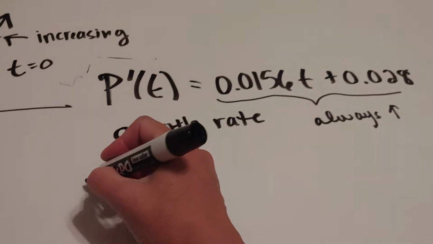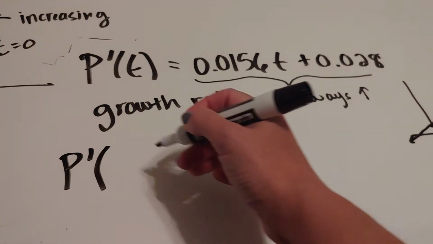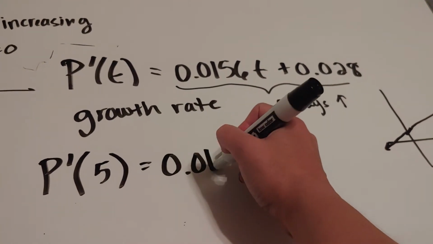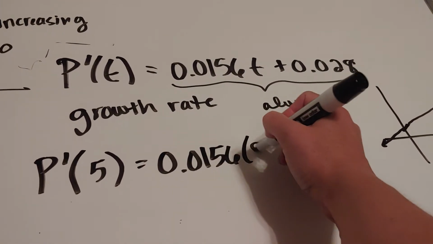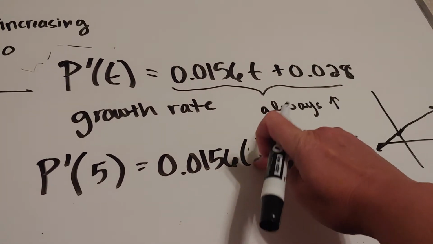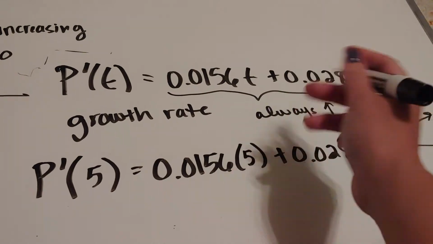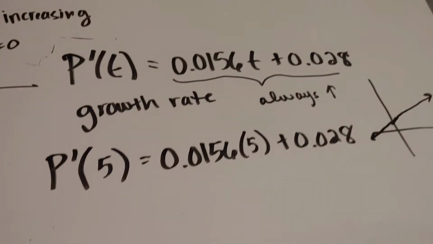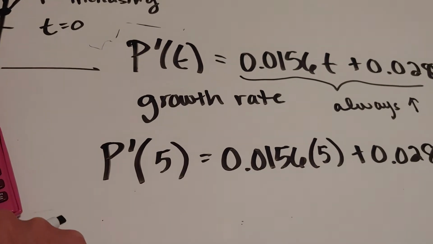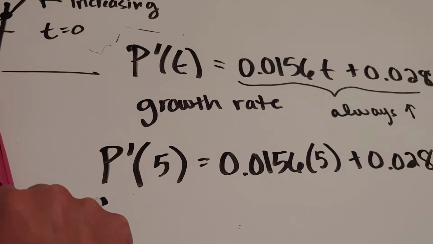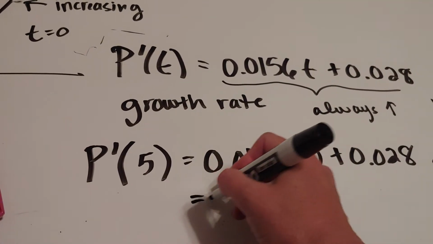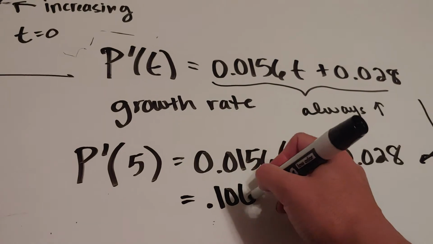If you want to know the growth rate in, let's say, 2015, you would plug in 5. If you wanted to know what it was in 2020, assuming this model works for then, I would plug in 10. Since I have my calculator here, I'll do this quick calculation. What I get is the very lovely 0.106.